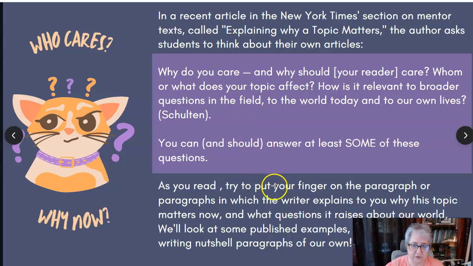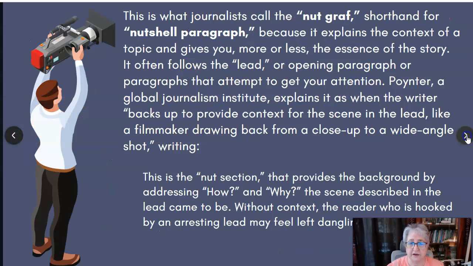So when you're doing an analysis, you try to put your finger on the paragraph where the writer tells us this. The nut graph itself is what a journalist calls a nutshell paragraph, which is the story in a nutshell. It explains the context of the topic and gives you more or less the essence of the story.